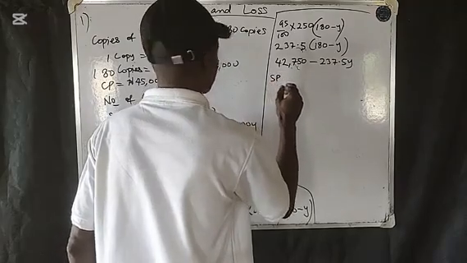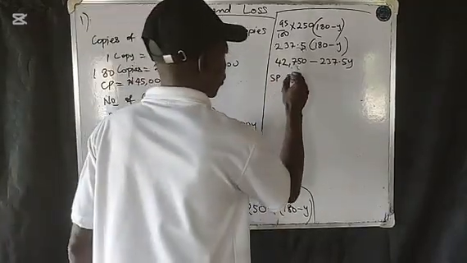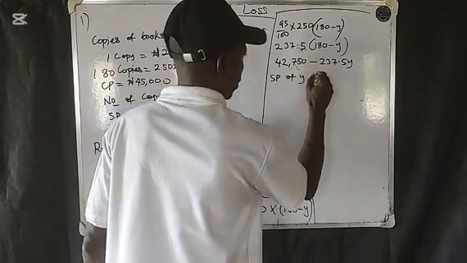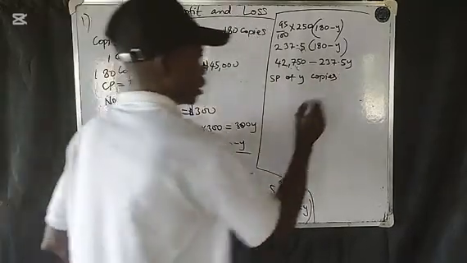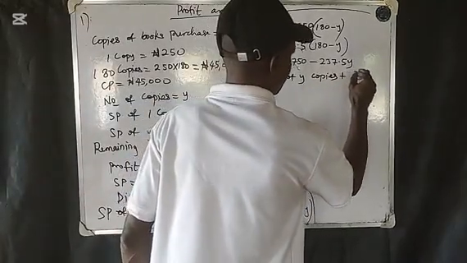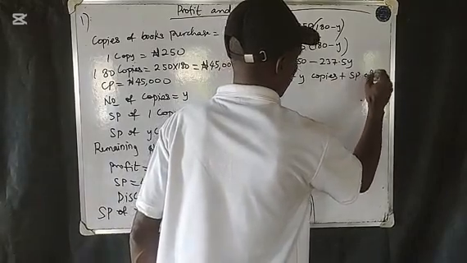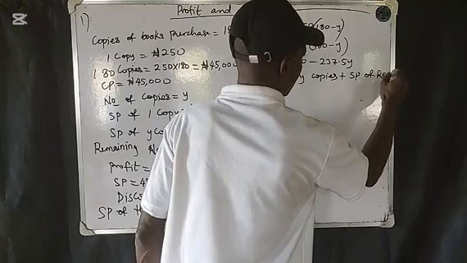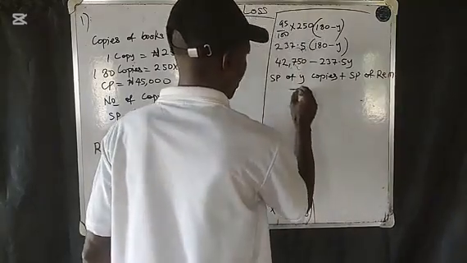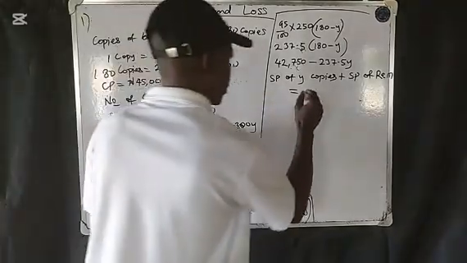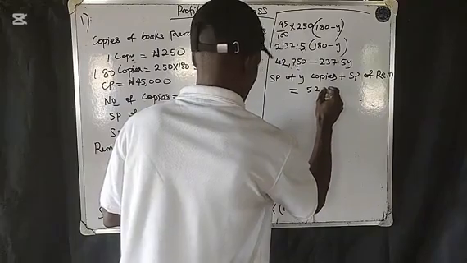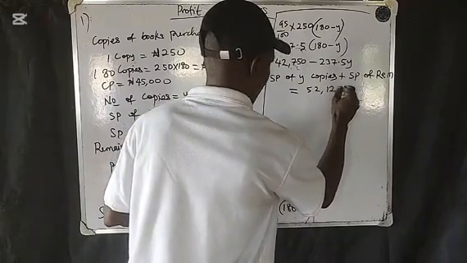So the selling price of y copies plus the selling price of the remainder will equal the total selling price, which is 52,125.